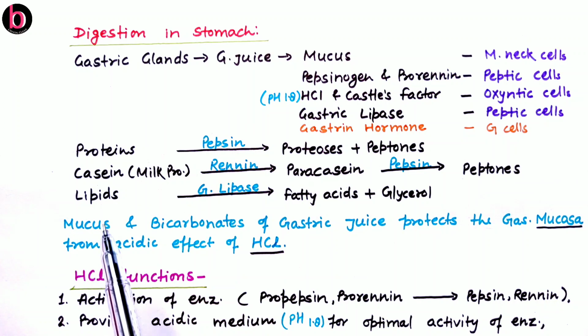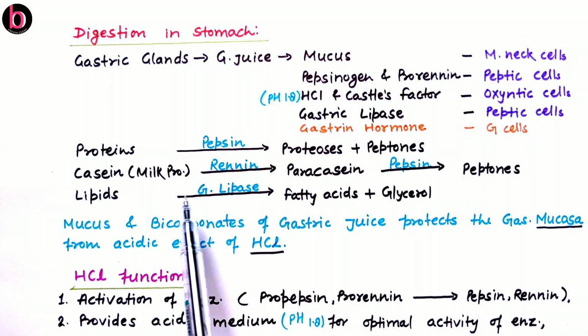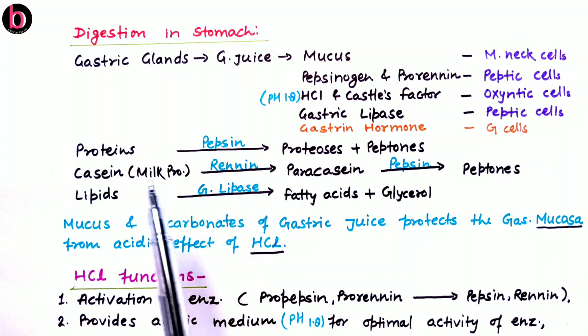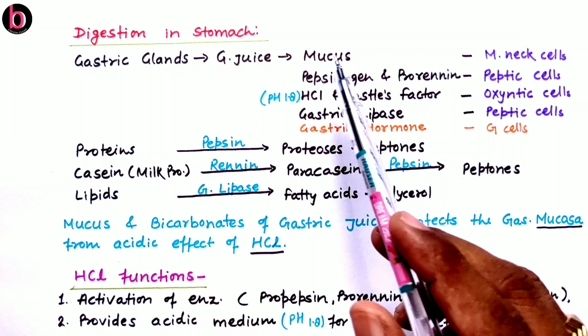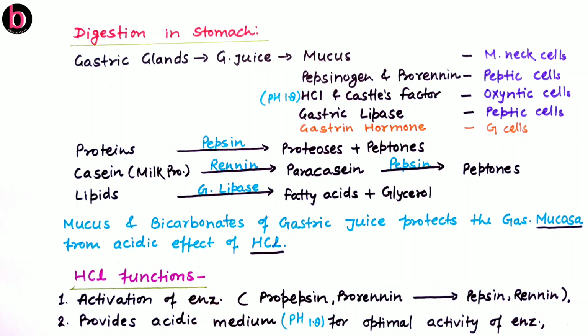Next, in digestive juices, there is also the presence of gastric lipase that digests lipid into fatty acids and glycerol. Also, in gastric juice, as we discussed, there is mucus along with bicarbonates. This helps in protection of the gastric epithelium mucosa, the innermost layer of the stomach, from the harmful effect of HCl.